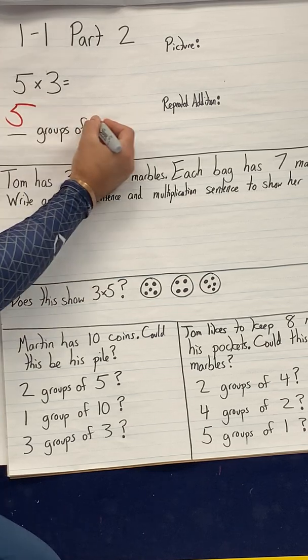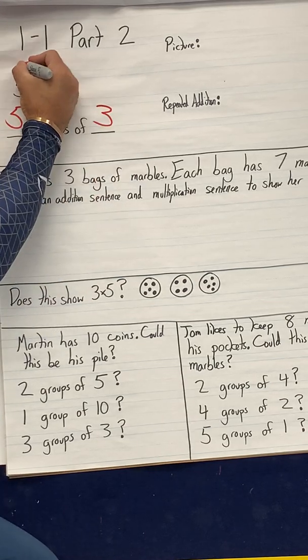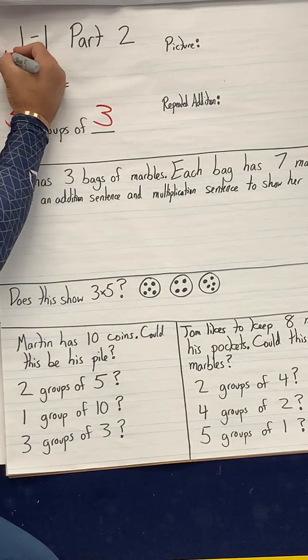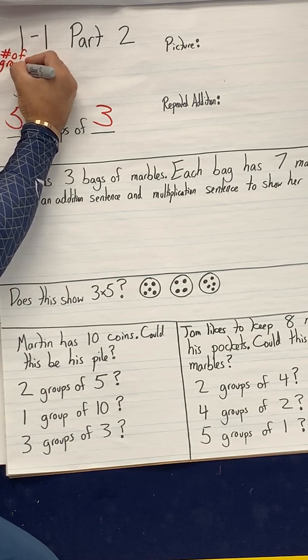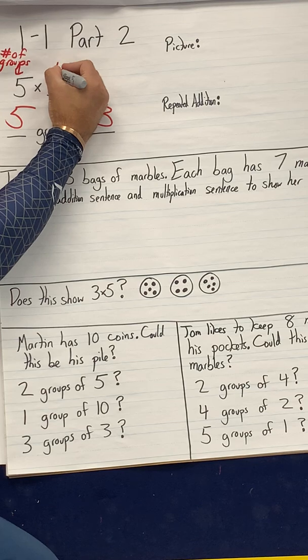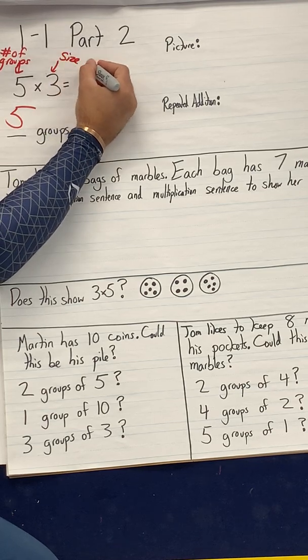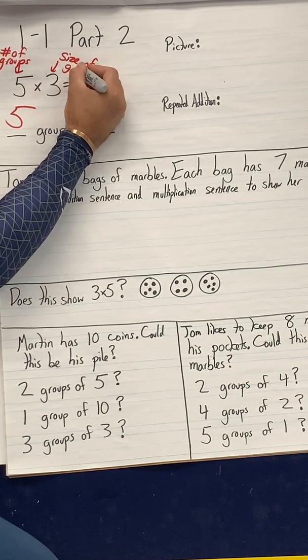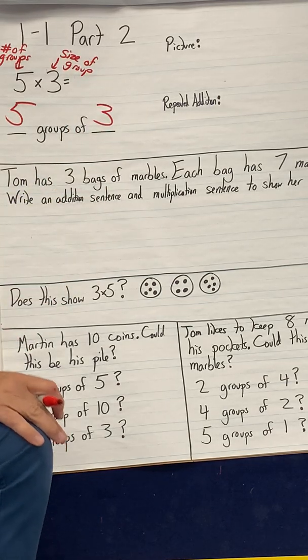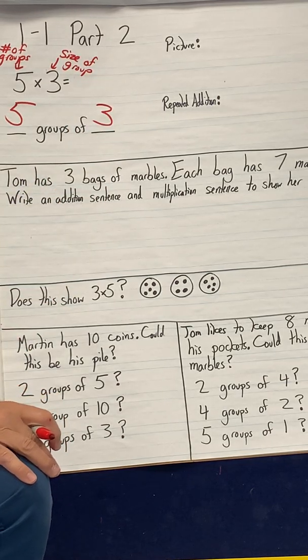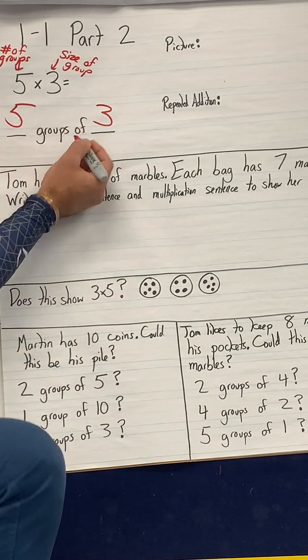So the 5 is the number of groups. The 3 is the size of the group. And the answer we call the product. You don't need to know this just yet. That is the total.